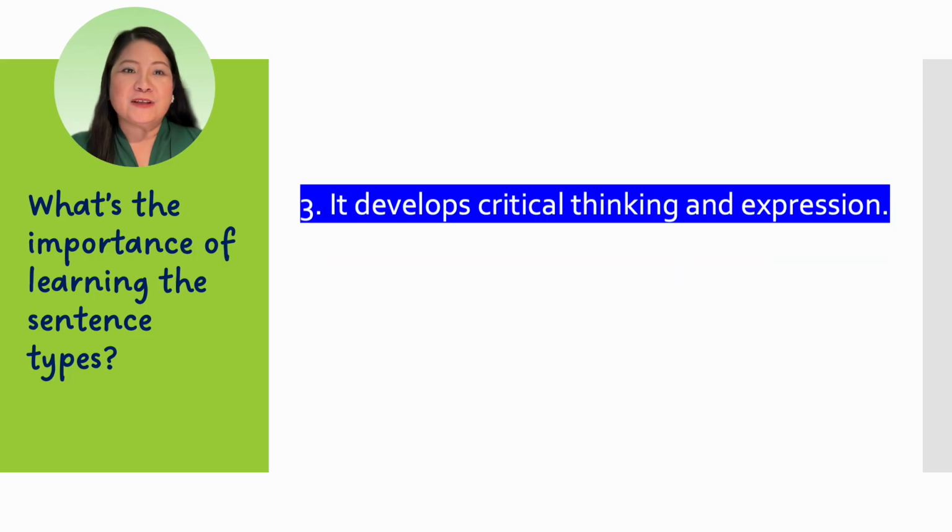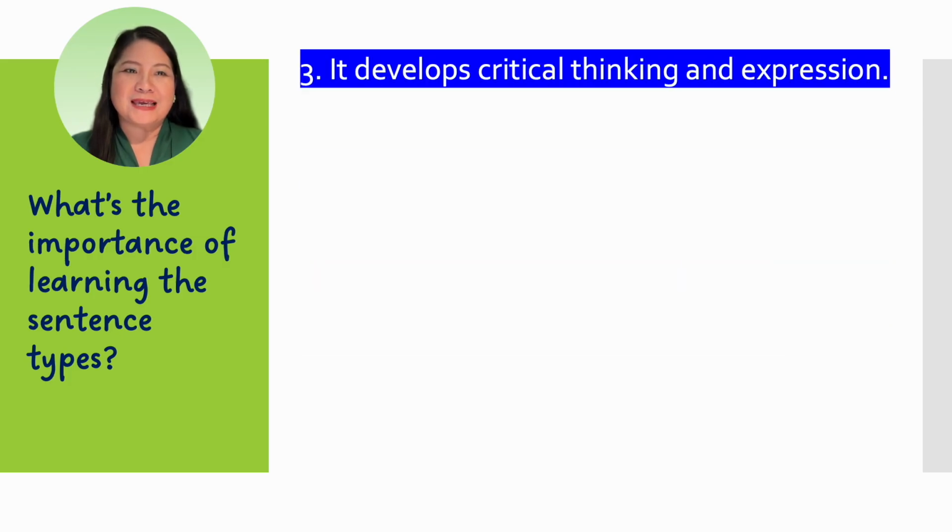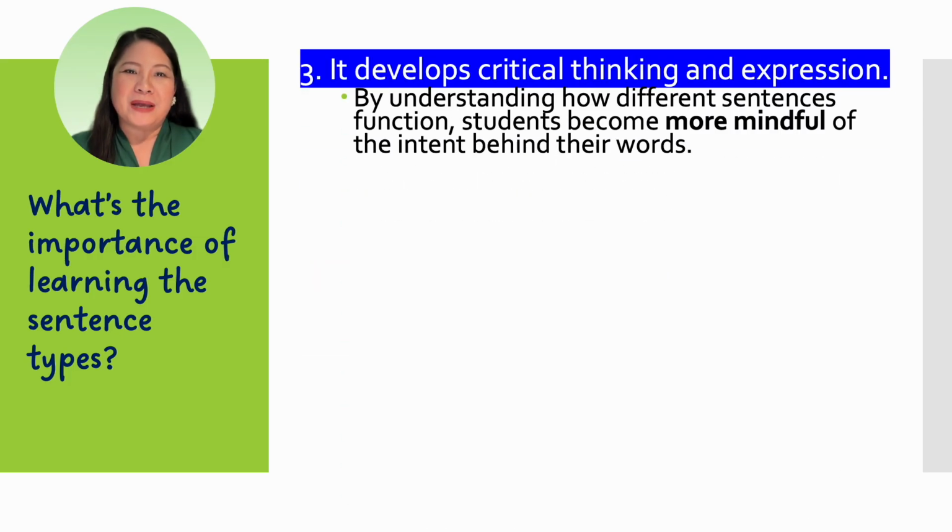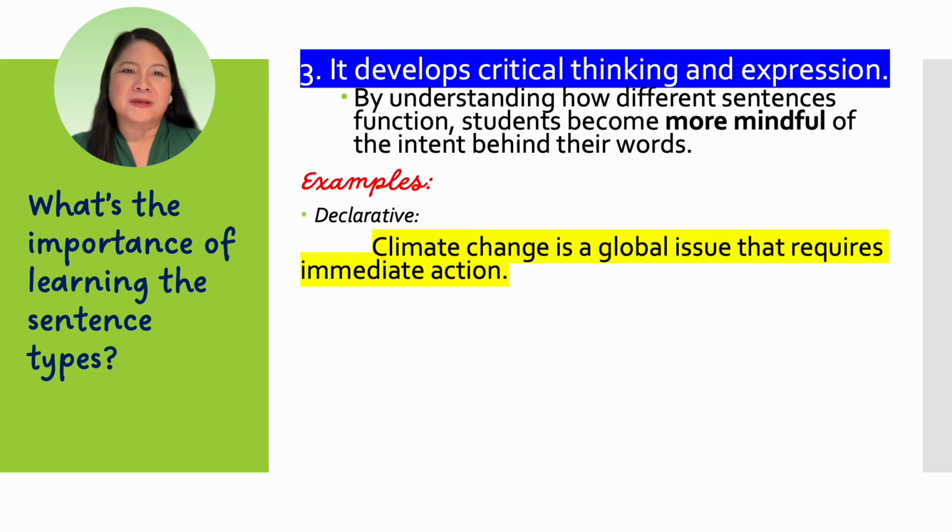Third, it develops critical thinking and expression. By understanding how different sentences function, students become more mindful of the intent behind their words. Examples: Declarative. Climate change is a global issue that requires immediate action.